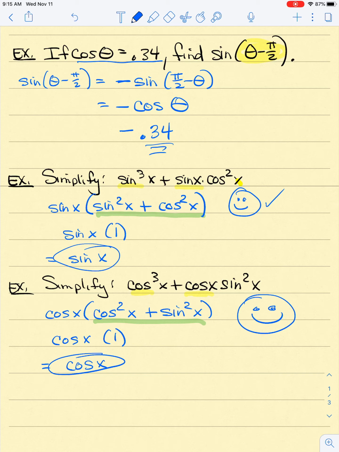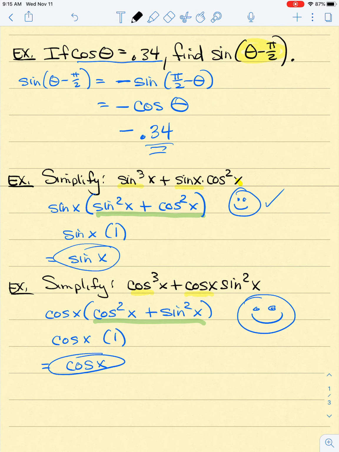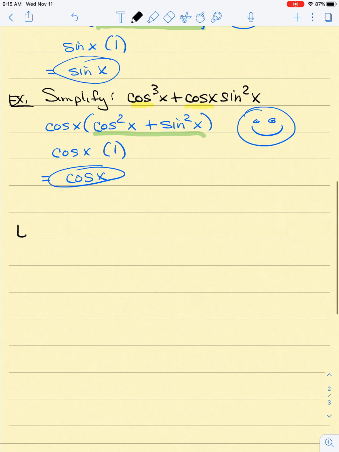Let's see what else I've got cooking over here. Let's try this one. And again, just to have a few examples so you see where we're headed with all this stuff. It's going to say simplify by expanding.